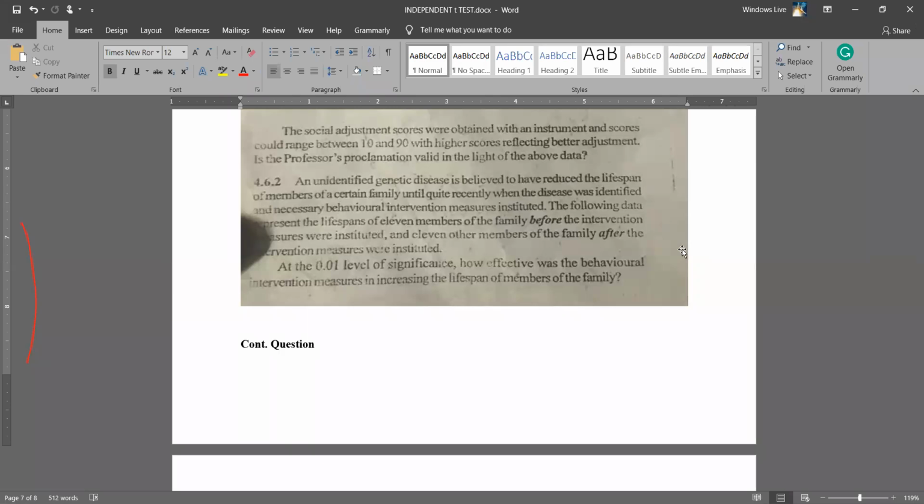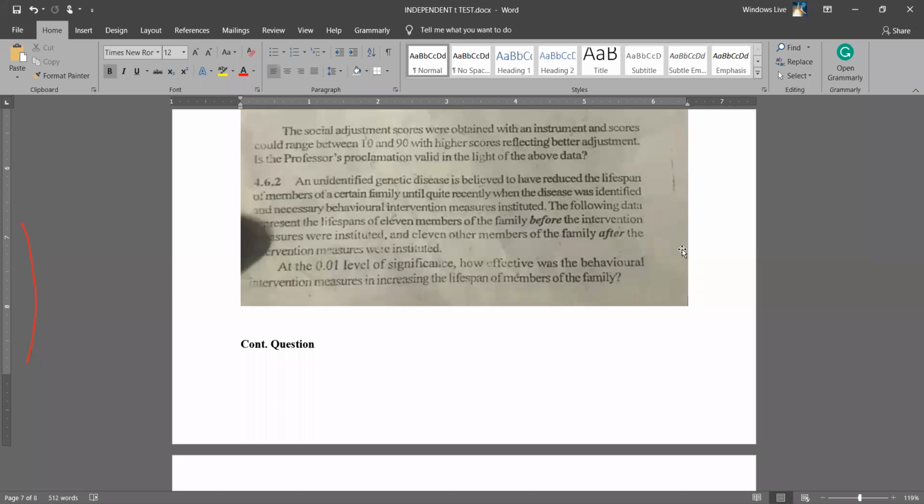The following data represent the lifespans of 11 members of the family before the intervention measures were instituted and 11 other members of the family after the intervention measures were instituted.